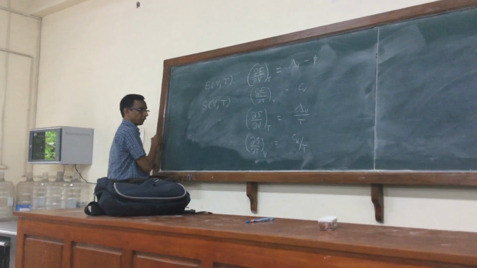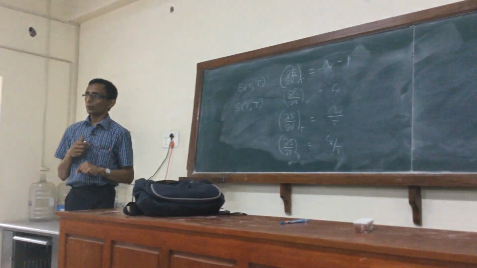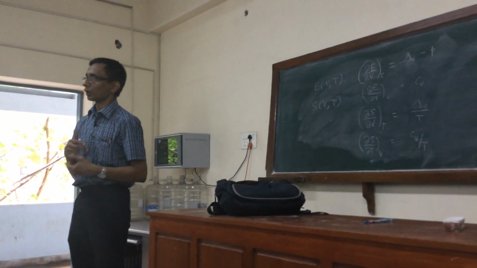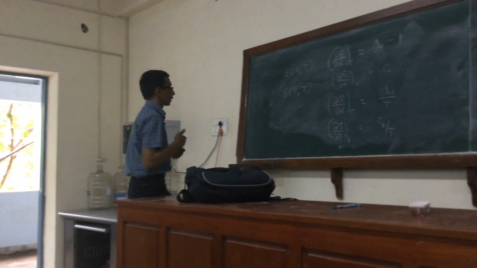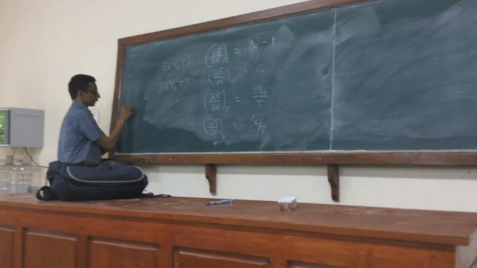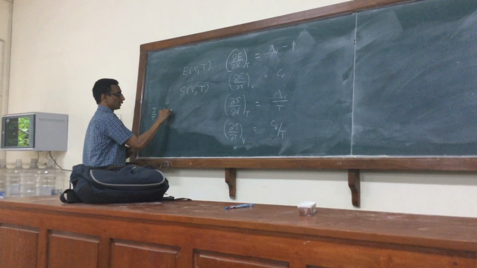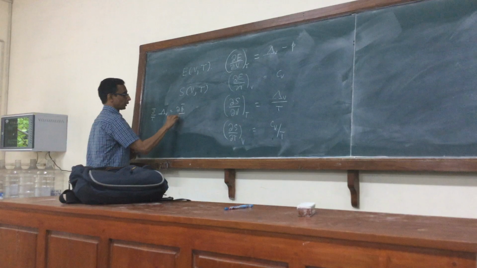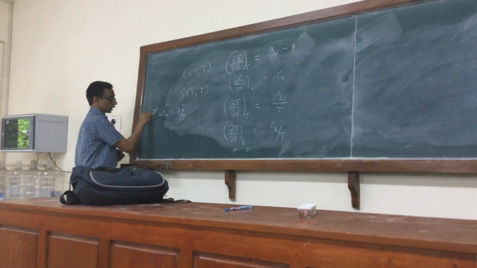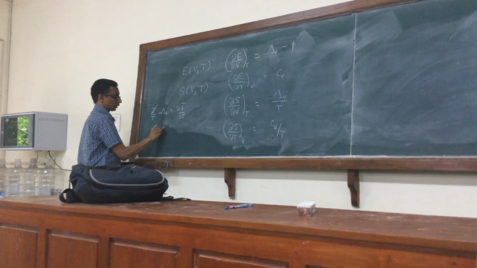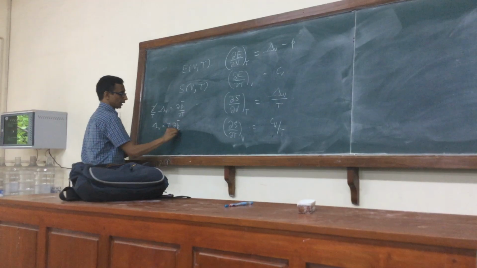So we make use of the basic result of Carnot, later generalized by Clapeyron, that J by T lambda V is equal to dP by dT. If I get rid of the J, then lambda V simply becomes T dP by dT.